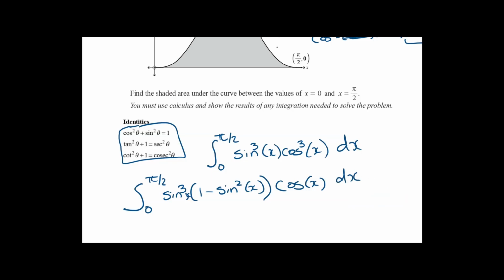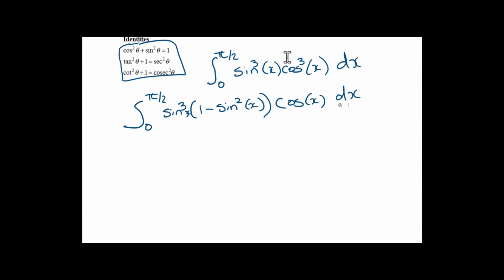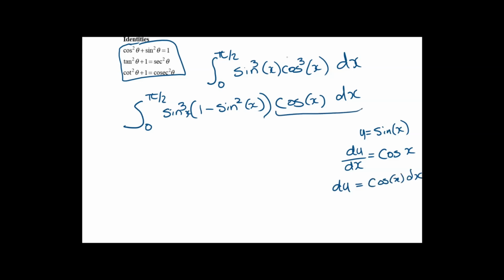So I am going to let u be equal to sine x. Now, when I differentiate u with respect to x, I get cos x. So therefore, du is equal to cos of x dx. Exactly what we've got here.